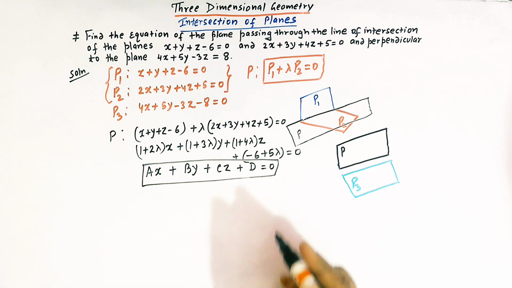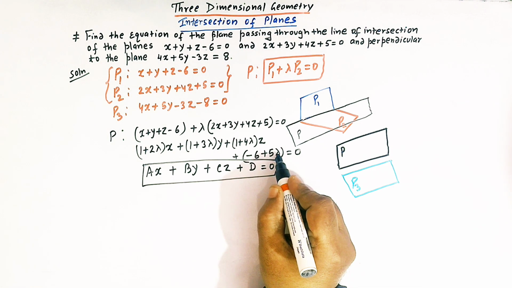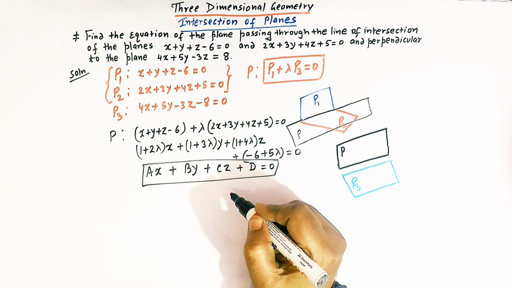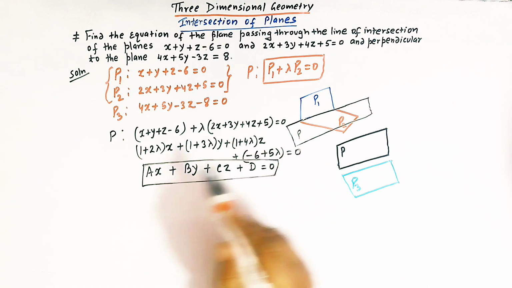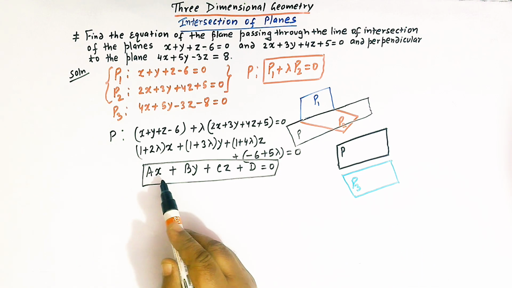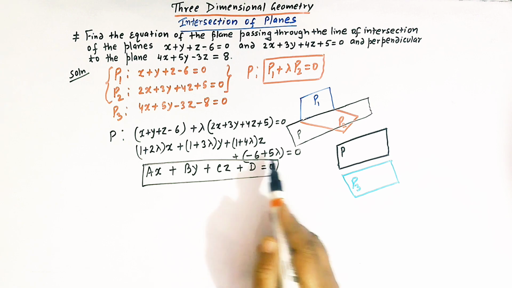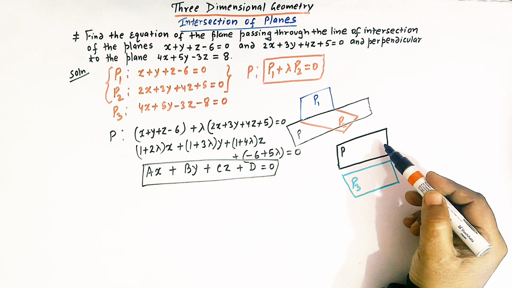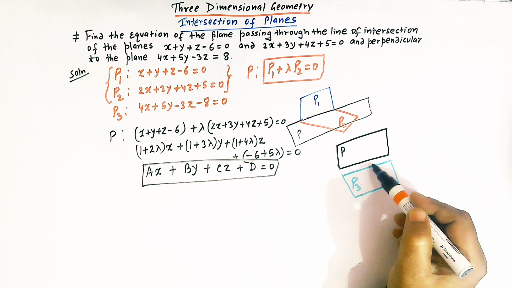Now we have to find the value of this scalar lambda. We have the equation of plane P, and we have drawn another diagram here.